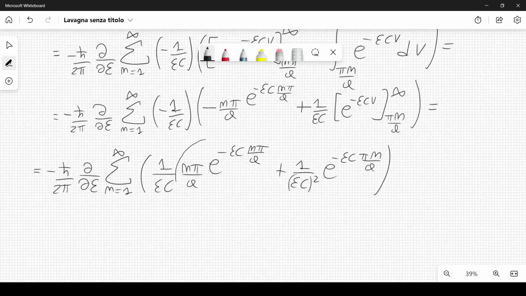Now we can rewrite this term in a more convenient way. In particular, I will rewrite it as minus 1 over c derivative with respect to epsilon of e to the minus epsilon c n pi over a, just like this, right?